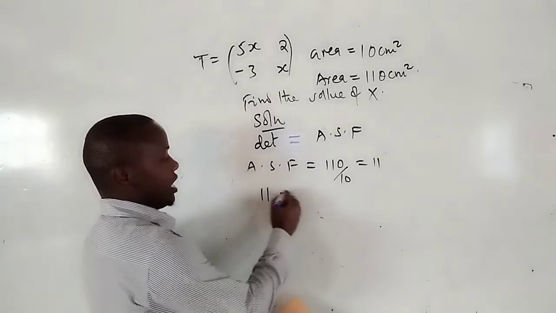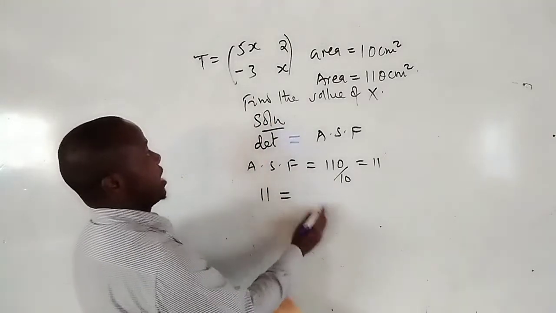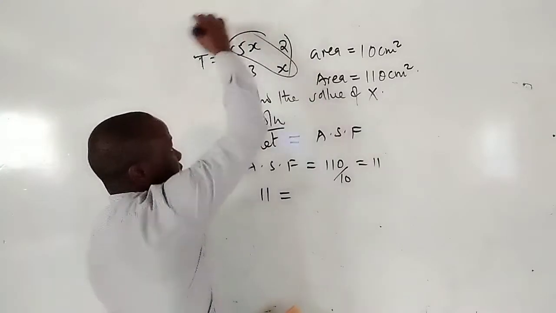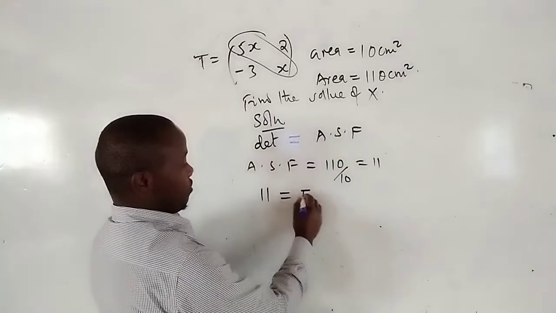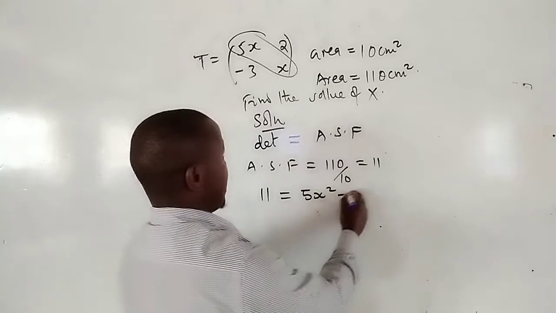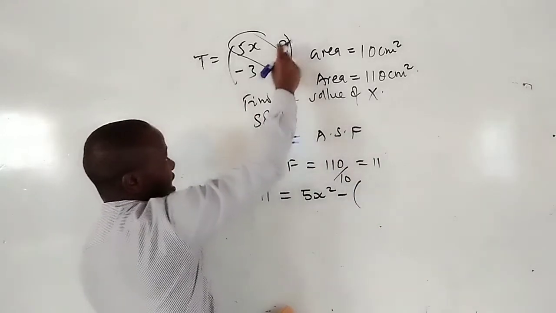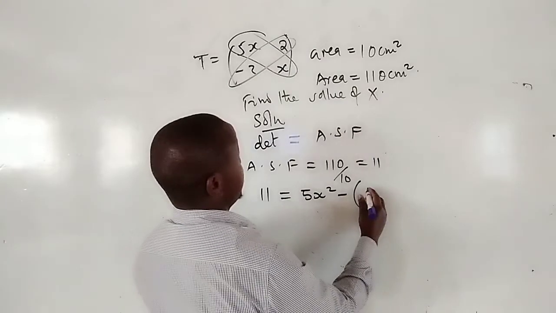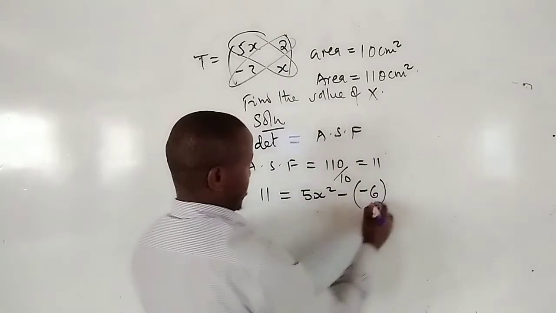And we will say 11 is equal to the determinant, which is gotten by multiplying the elements in the leading diagonal, so 5x squared, minus the elements in the other diagonal multiplied, so -3 by 2, -6.